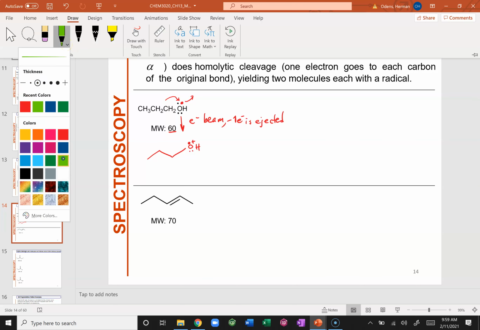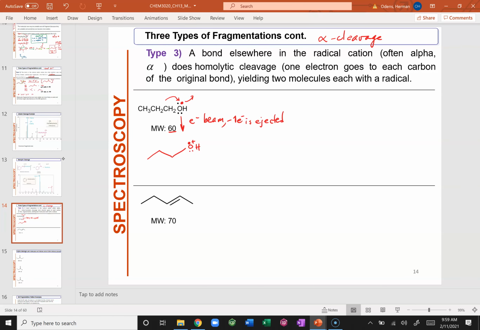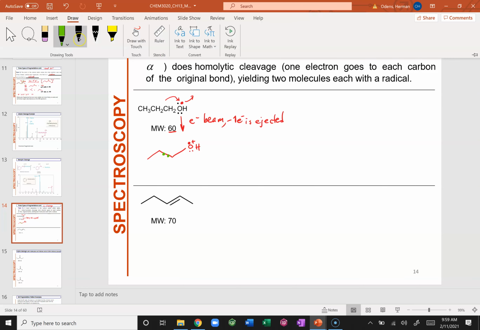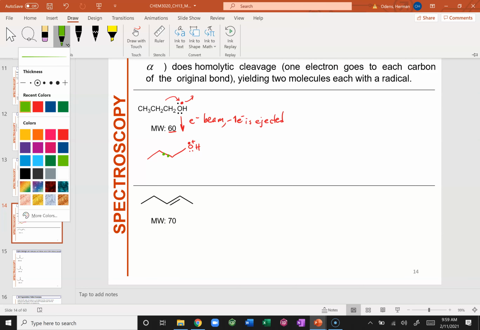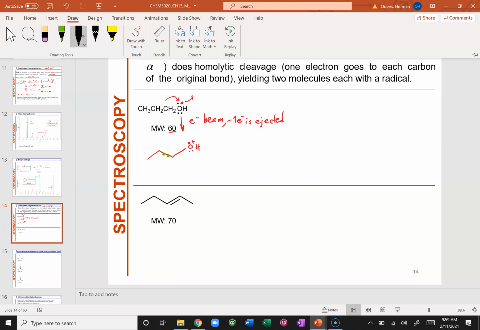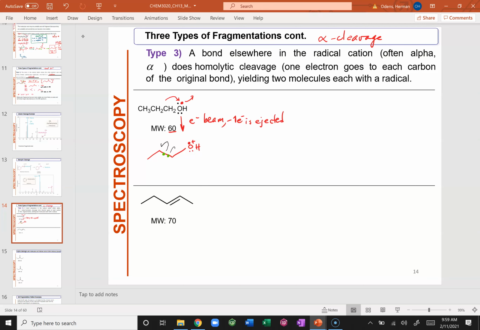And remember that what we're trying to do here, explaining how we get this fragmentation. So for the alpha cleavage, you're going to cleave that bond in half. So I'm going to use black. So this one will come here and this one will go there. And check this out. So this is the alpha, this is beta, and this is gamma, right?